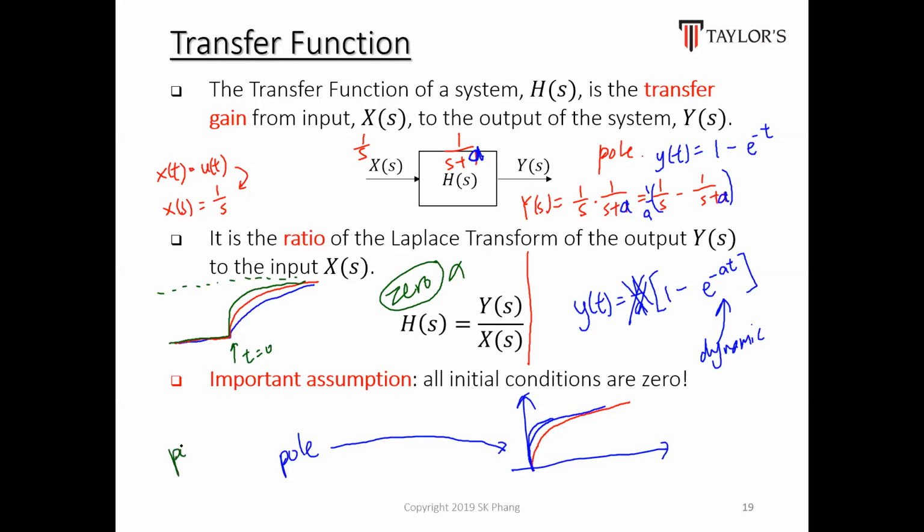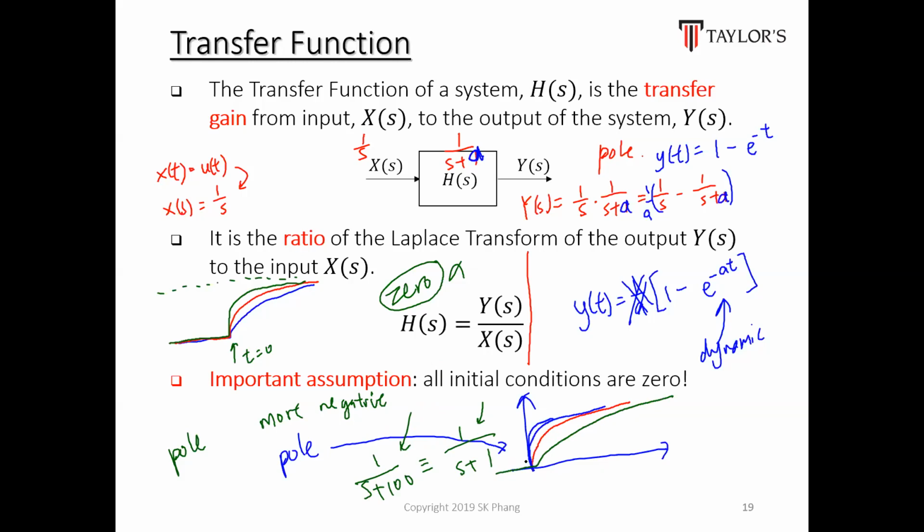But for poles, we can say, if your pole is more negative, meaning that let's say you have s plus 100 compared with s plus 1, the s plus 100 system will behave more agile compared to the s plus 1 system. Because the s plus 1 system rises up very slowly, like this.